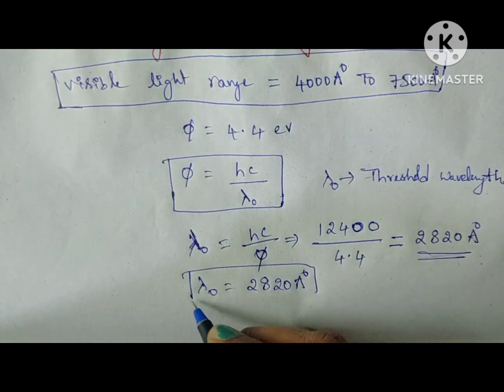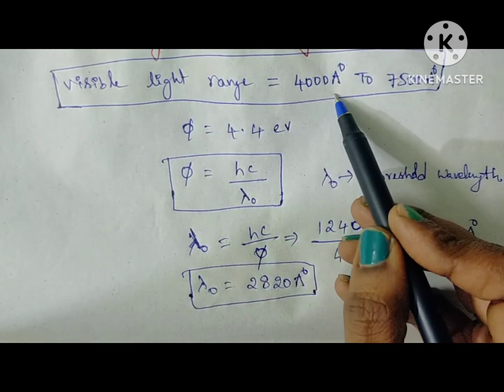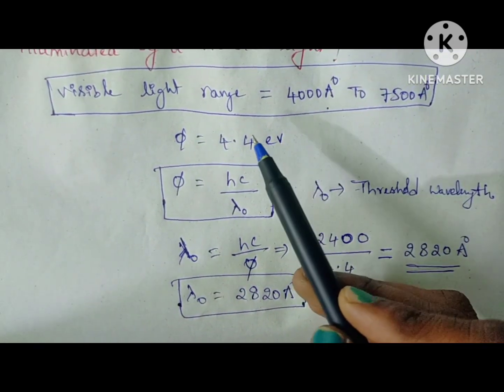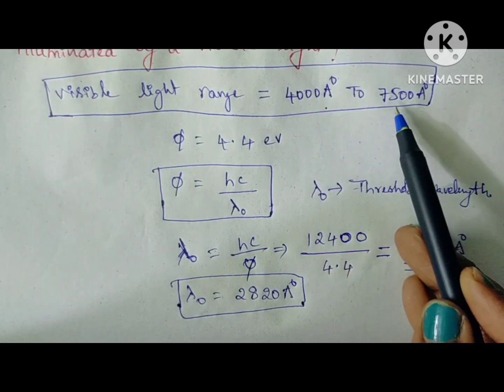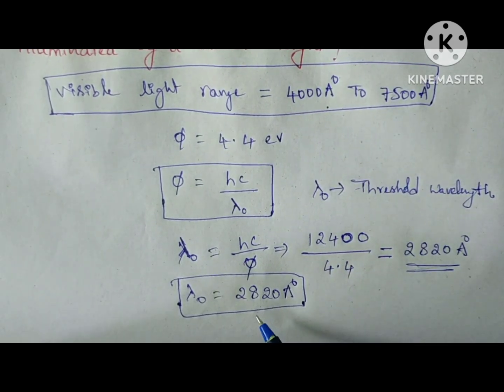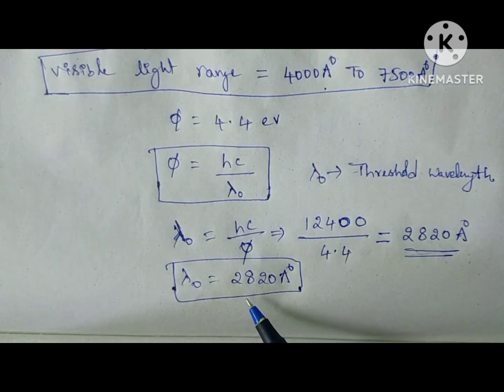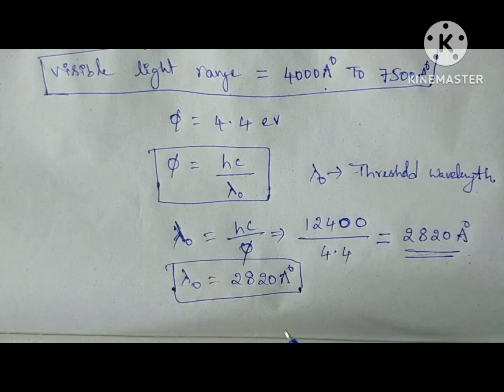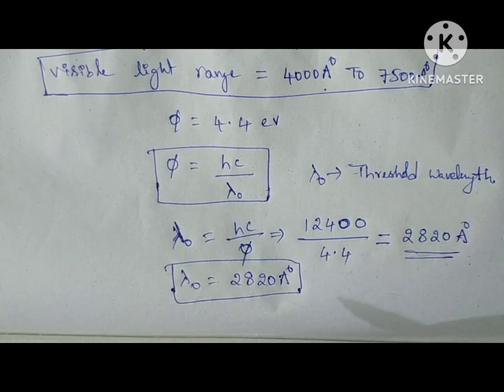Is it in between the range of visible light? No. Actually, the range is 4000 to 7500, but we are getting 2820 angstrom. So this is not in the range of visible light. So here the copper does not eject photoelectrons.